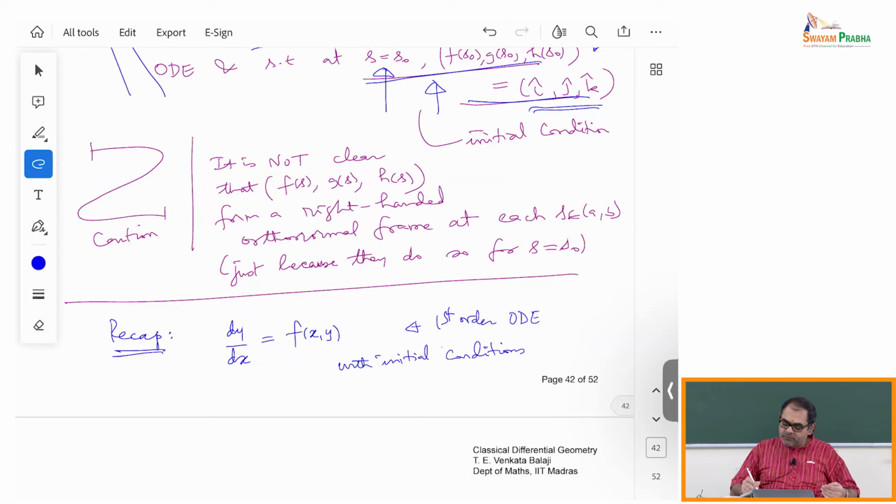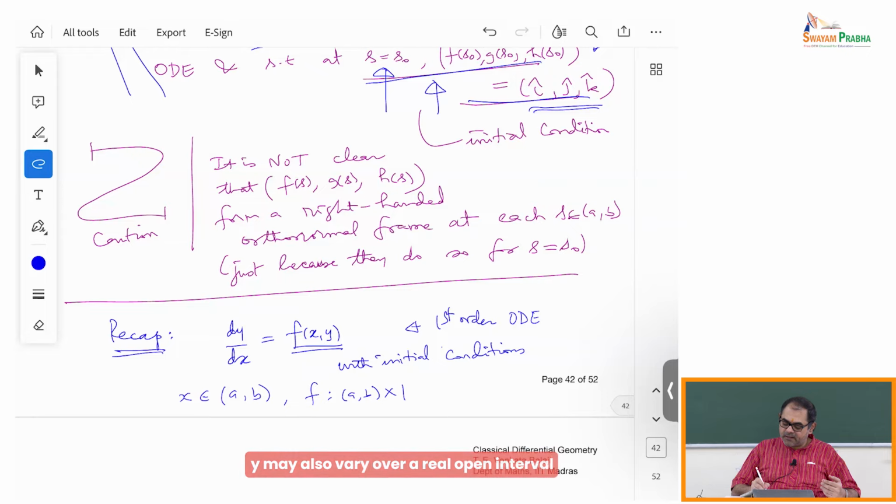So where is this function defined? You will have to say that. You just say that x is in some open interval a comma b, and f is defined from this (a, b) cross R, so y is varying in R. This is a real valued function.